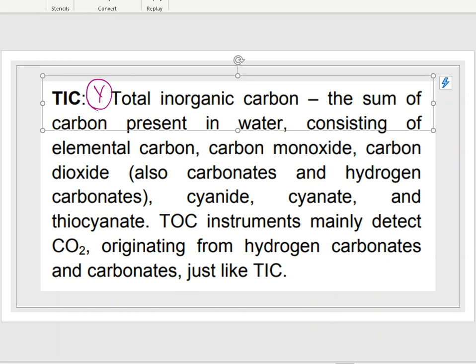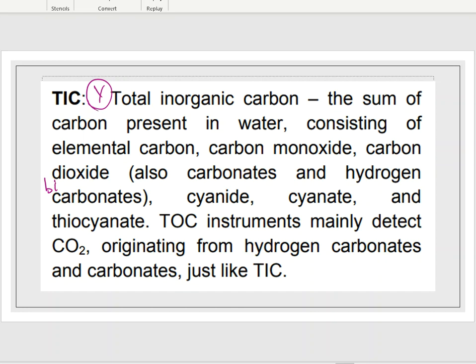But these carbon sources are typically present in water, carbon monoxide, carbon dioxide, any kind of carbonate, hydrogen carbonate, that we would also call bicarbonate. That's another name for that, by the way, hydrogen carbonate and bicarbonate. Sodium hydrogen carbonate is the same as sodium bicarbonate. Cyanide, cyanate, and thiocyanate.